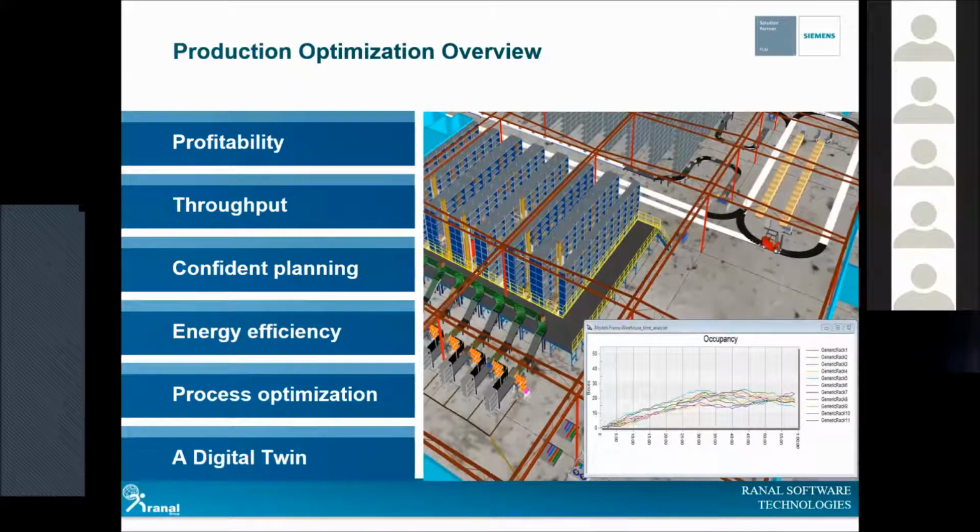Now, how is that going to impact your overall throughput? That's again something very important that companies are trying to do on a continuous basis, which is also helpful. Now, all of this can be achieved by looking at a digital twin. We'll see what a digital twin is in the coming slide.